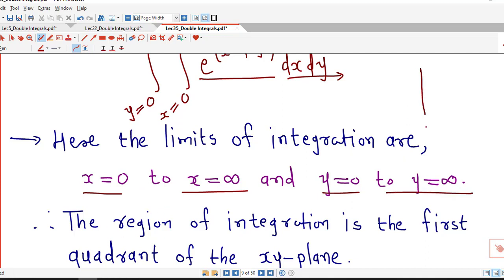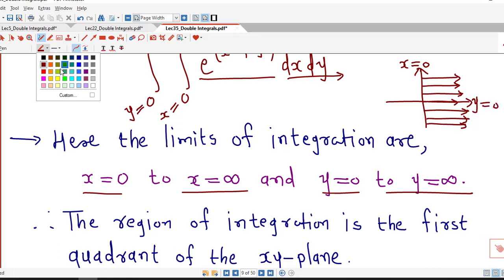So if we consider the xy plane, the y-axis is represented by x equal to 0. So x is starting from 0 and going up to infinity. So we have to consider this right half plane. Now on the x-axis y equal to 0. So y is starting from 0 and going up to infinity.